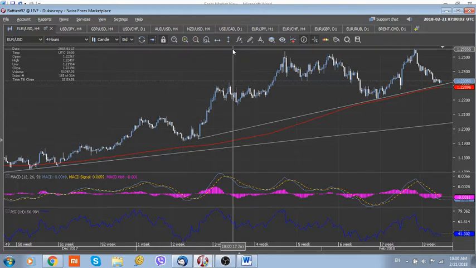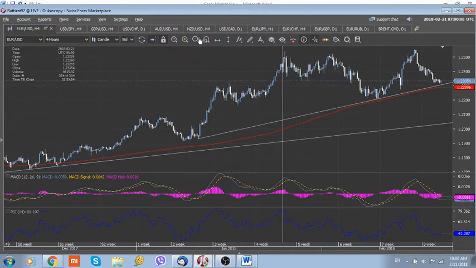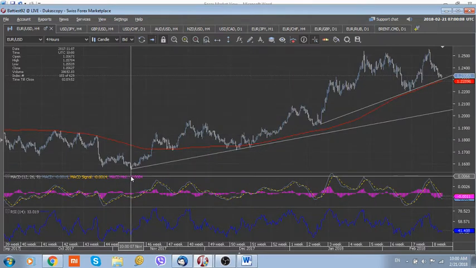You can see this uptrend line was drawn from the lows of November 2017 below 116. If you remember, the low was around 115.5.